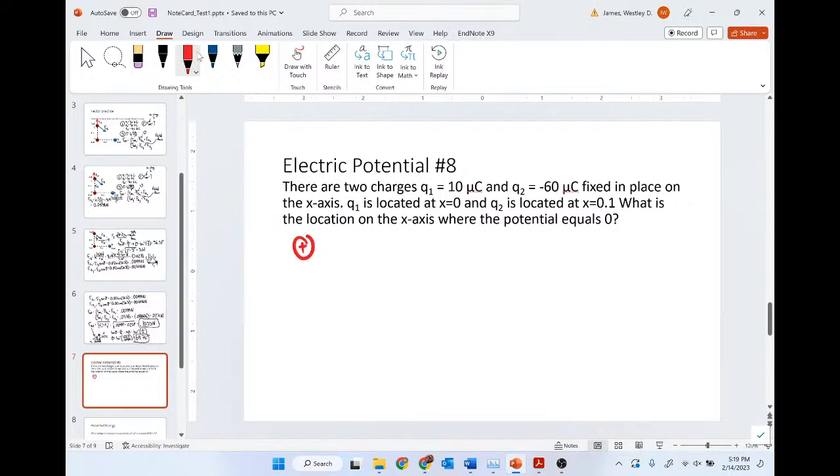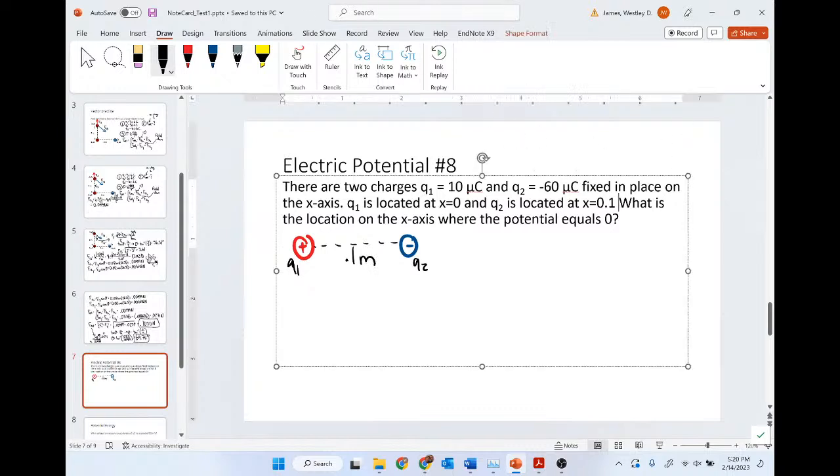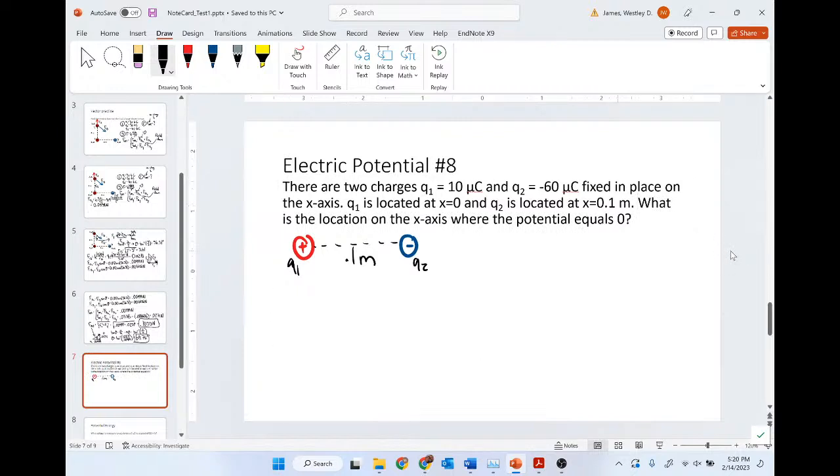Here's charge 1. Here's charge 2. Q1, Q2. It says they are a distance 0.1 meters apart. Where is the location where the potential equals 0?